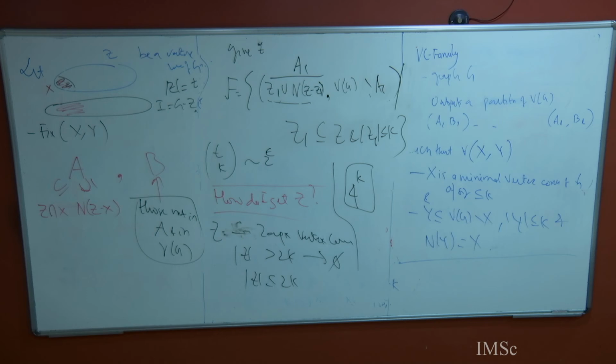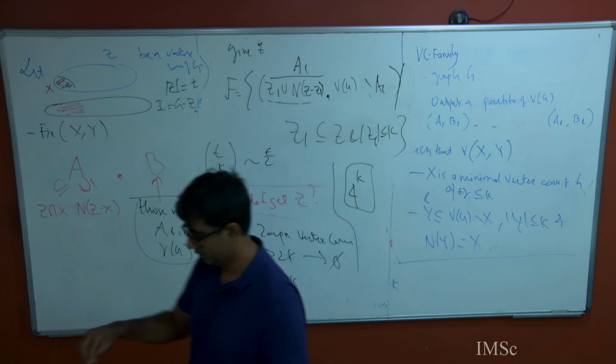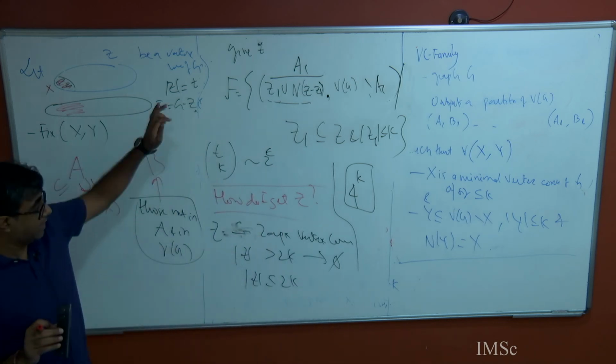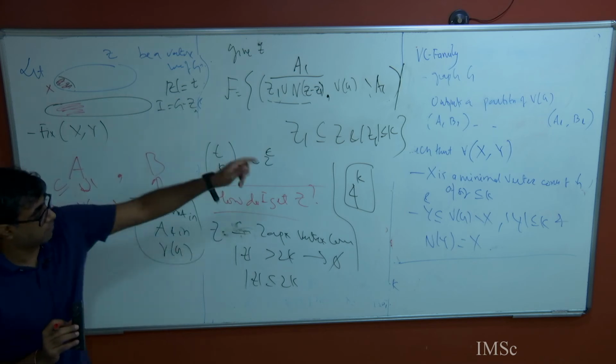But if I would have given you Z of smaller size, what would happen? We will get something smaller, no? Smaller family, smaller algorithm. So, if I could give you, okay, is the idea clear? Right, this is my VC family.